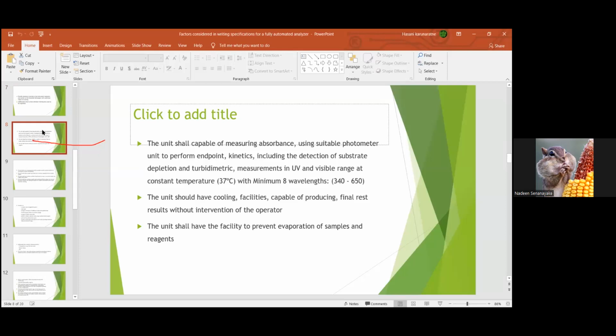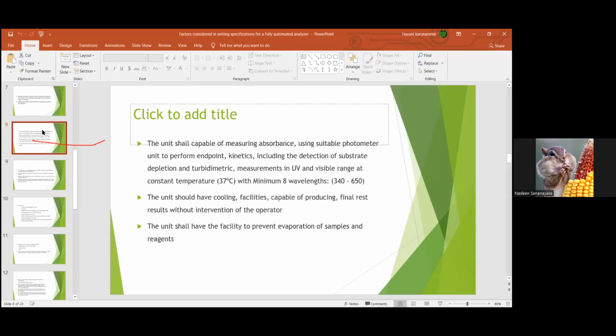The unit should be capable of measuring absorbance using a suitable photometer unit to perform endpoint kinetic, and it should include the detection of substrate depletion and turbidimetric measurements in UV and visible range at a constant temperature, that is 37 Celsius, with a minimum of 8 wavelengths, which should be between 340 to 650 nanometers.